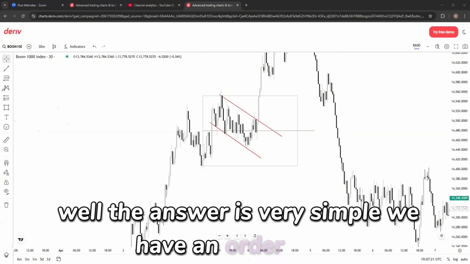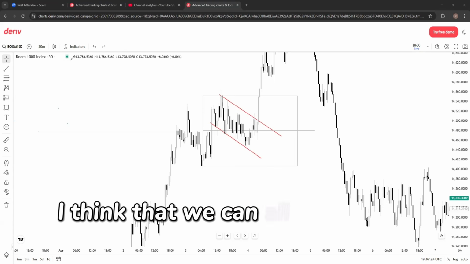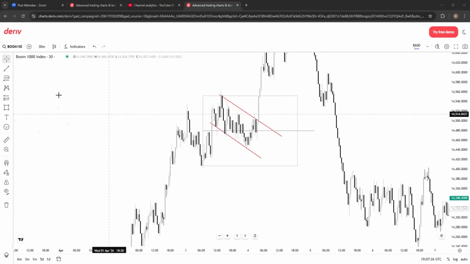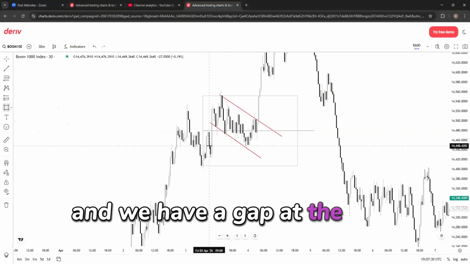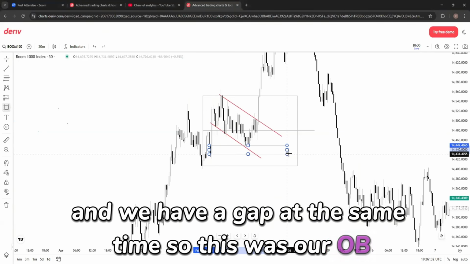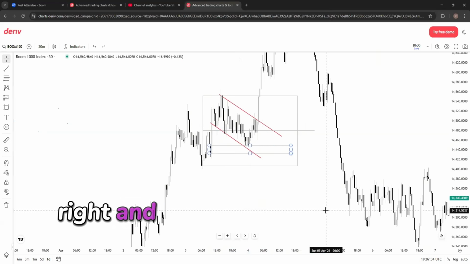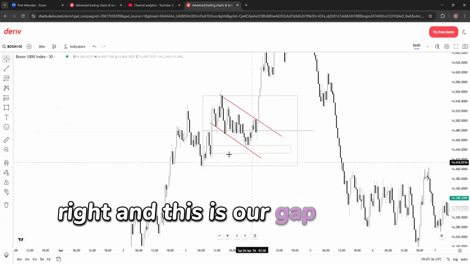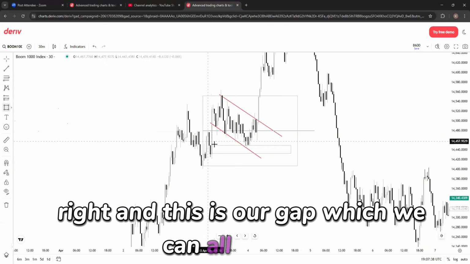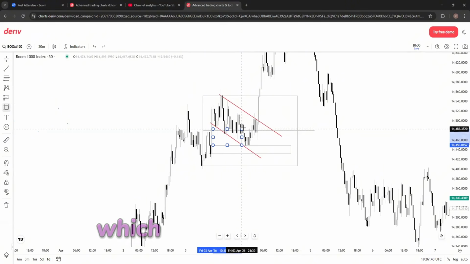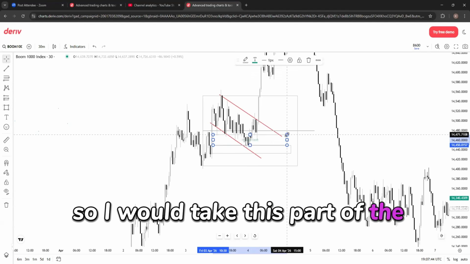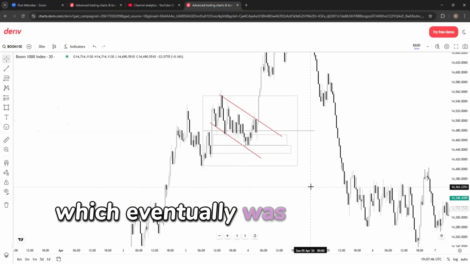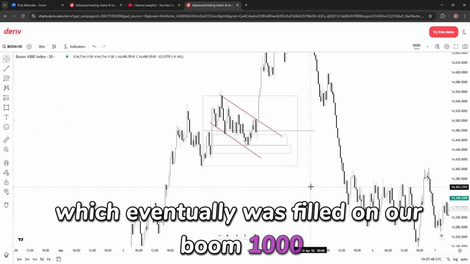We have an order block that we can all witness and see, and we have a gap at the same time. So this was our OB, and this is our gap, which we can all see here, which eventually was filled on our Boom 1000.